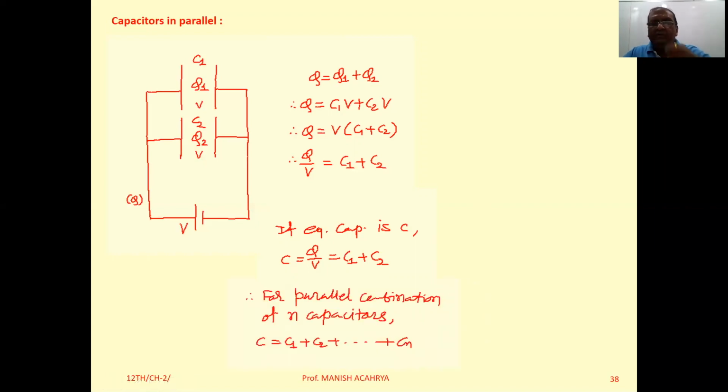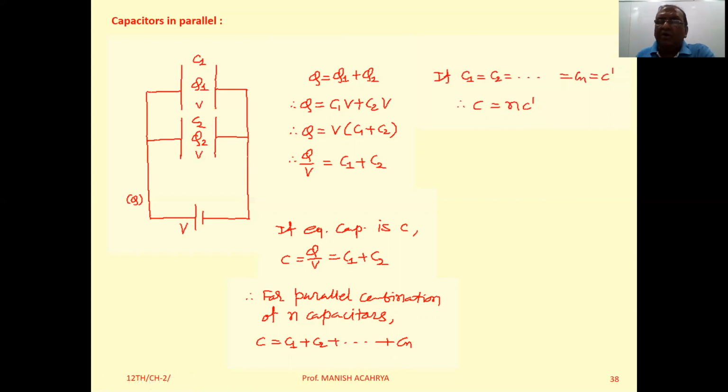Suppose we have a parallel combination of n capacitors having capacitances C1, C2, C3 up to Cn. Then the equivalent capacitance is given by C equal to C1 plus C2 plus C3 up to Cn.